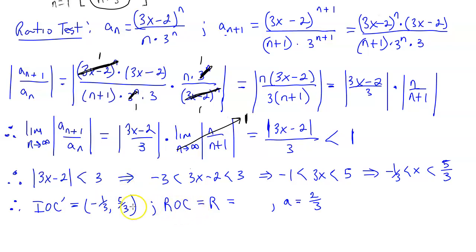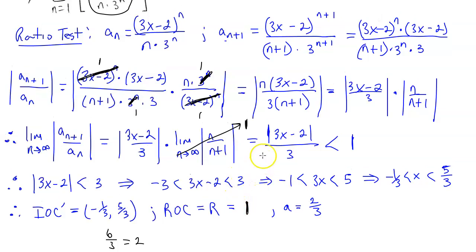So what the radius of convergence would be here is it's just going to be half the distance from negative 1/3 to 5/3. Of course, if we took the distance from negative 1/3 to 5/3, that's going to be 6/3, which is the same as 2. And of course, half of that is going to be 1. So that is actually what our radius of convergence would be.